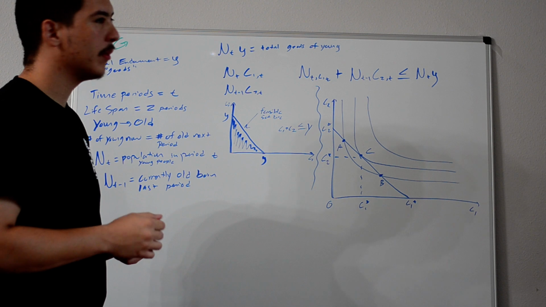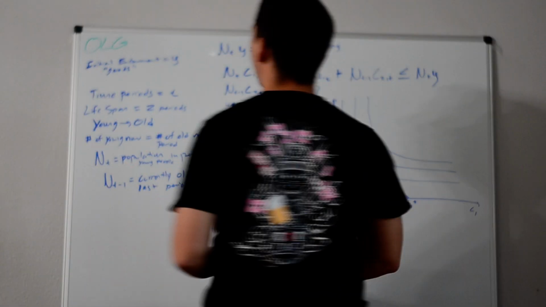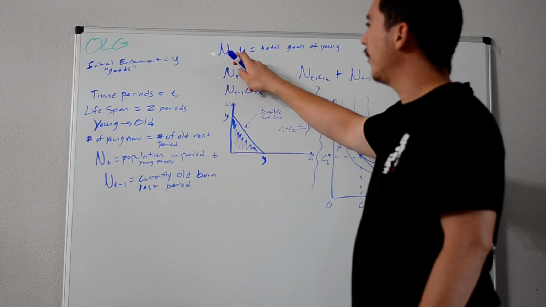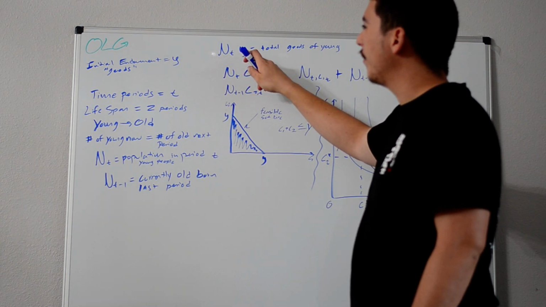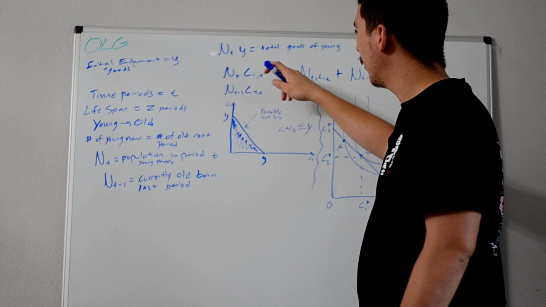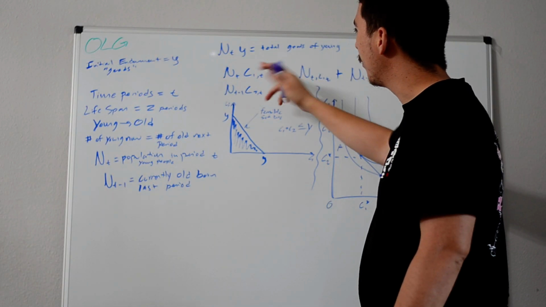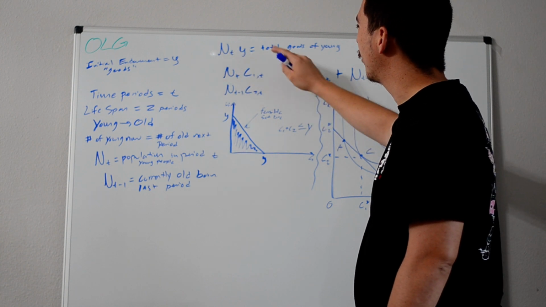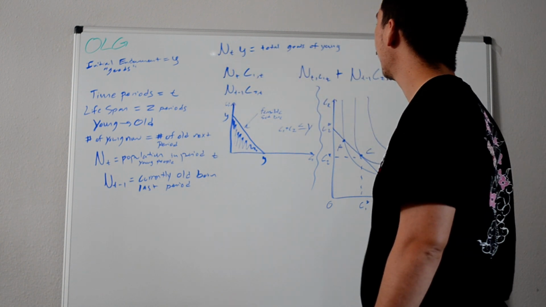So the total number of goods in the economy must be equal to the number of young people multiplied by each individual person's amount of endowment. It's pretty simple. Population times goods per person equals total goods of young.